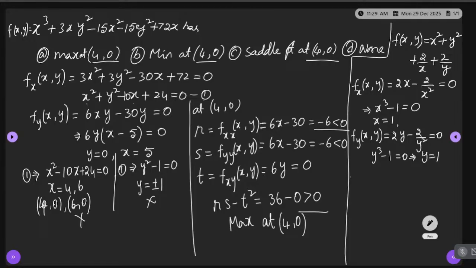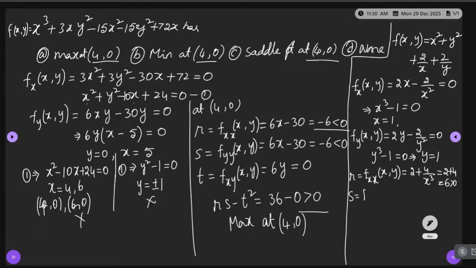Okay. R equal to f_xx of (x, y), the double derivative, 2 plus 4 by x cube. At x equals to 1, this is 2 plus 4 equal to 6, positive.